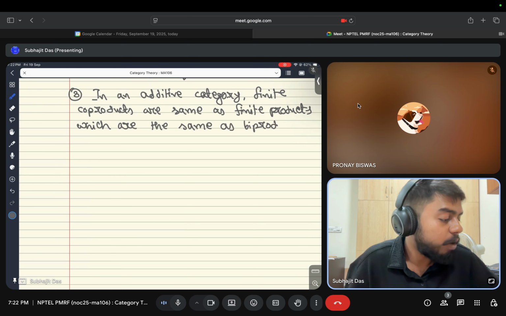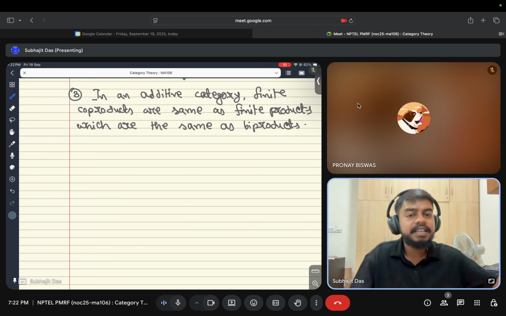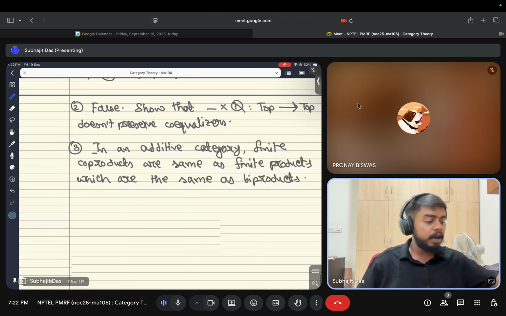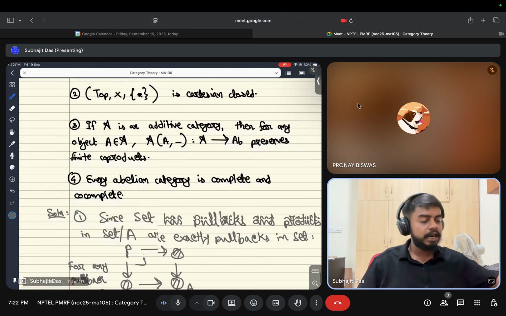And that is why one usually denotes byproducts by direct sums, just to mimic what happens for abelian groups or modules. Yeah, now can we finish this problem in one line?